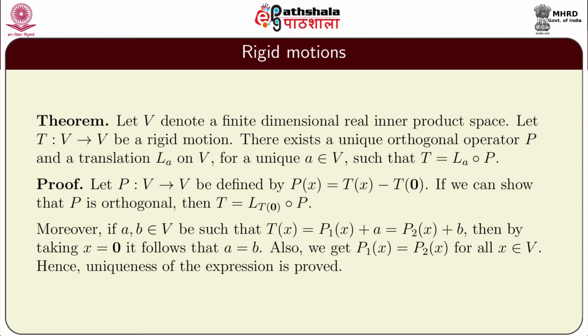Proof: let P from V to V be defined by P of x is equal to T of x minus T of 0.